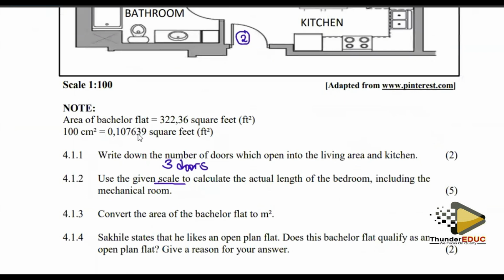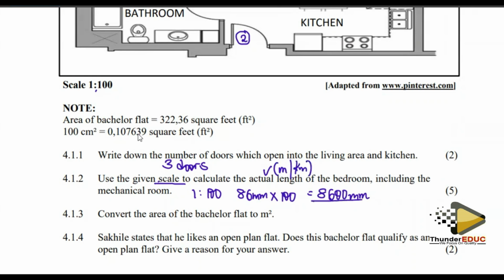So I'm going to use that to get the actual length. I will come down here. The scale that we've seen, the scale is here. The scale says if you only have 1 unit on paper, you have 100 units. So if I have 86 millimeters, how many units will I have? I need to multiply by 100. So I end up having 8,600 millimeters. But because they want it in actual, the actual measurement can be either meters or kilometers.